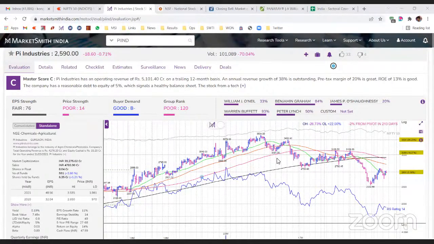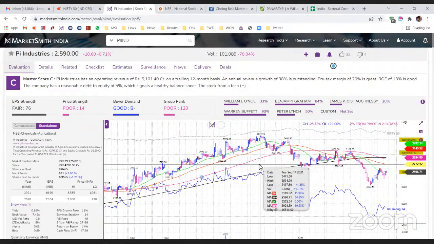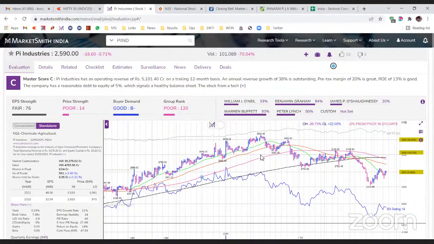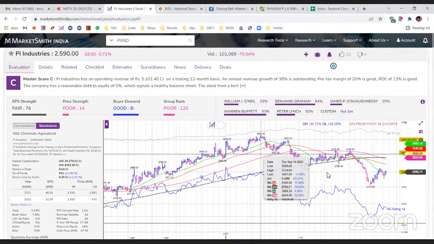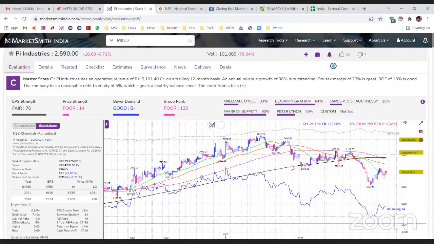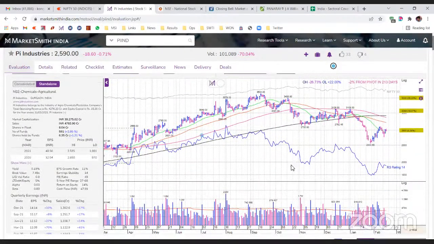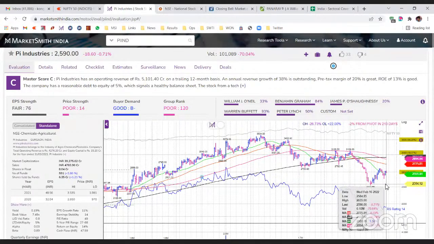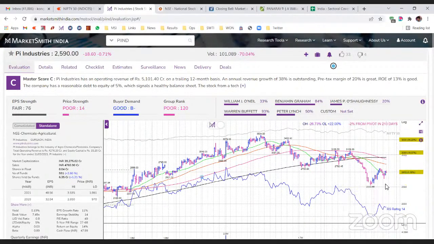Pi Industries is a very good, fundamentally strong agrochemical company, majorly into pesticide manufacturing. It is under selling pressure, more than 25% down from its highs. It clearly breached its key moving averages like the 50, 100, 200 DMA.